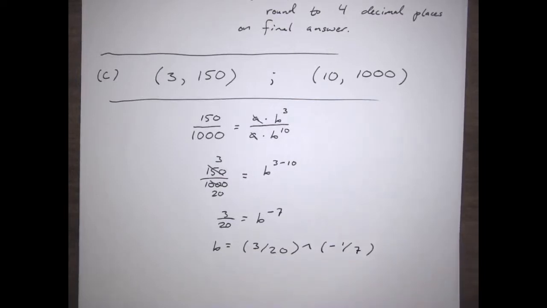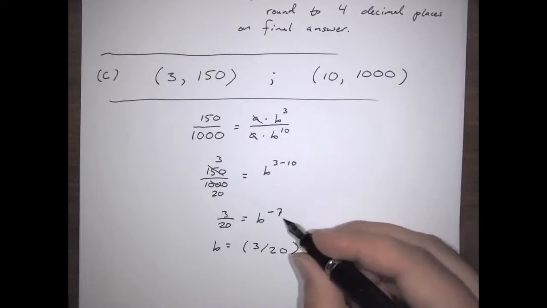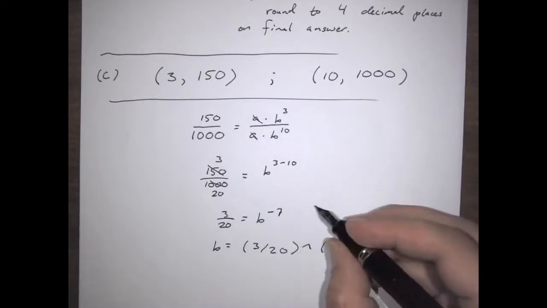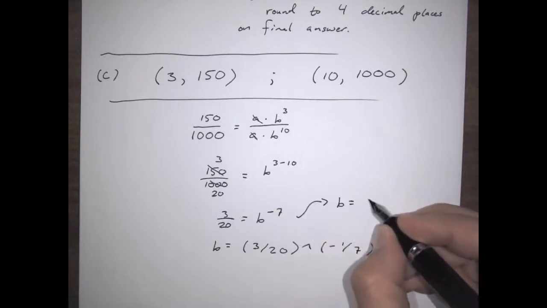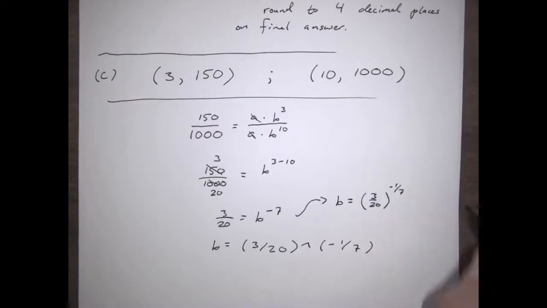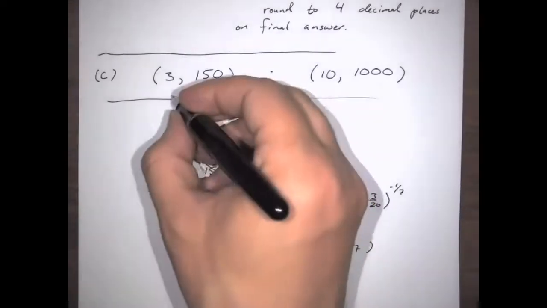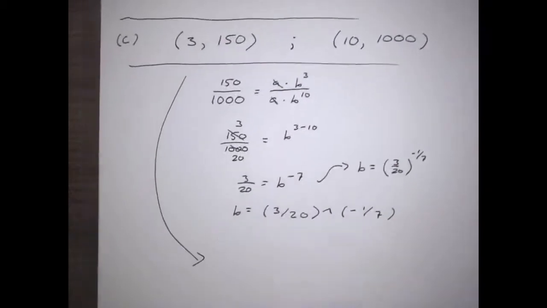So I've raised both sides to the negative 1/7 power, the reciprocal of this. I'm not going to actually evaluate that yet until I have my A and I'm ready to go forward with that.